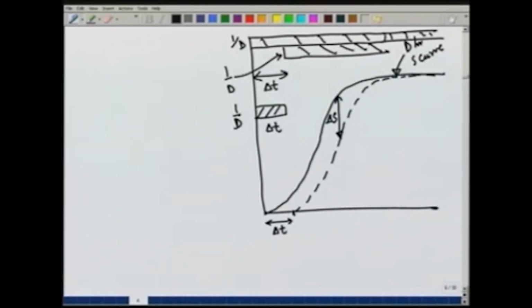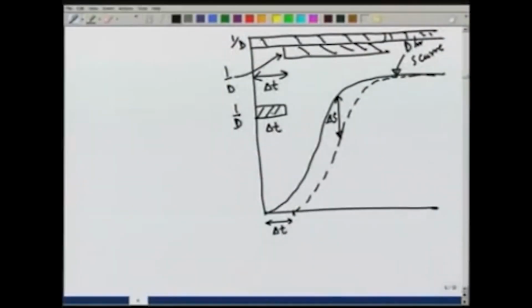Now, in the limit that delta t tends to 0, we will get the IUH, but we have to maintain 1 centimeter of rainfall depth. In this case, the rainfall depth is delta t over d centimeters, because the intensity is 1 over d and the time duration is delta t.